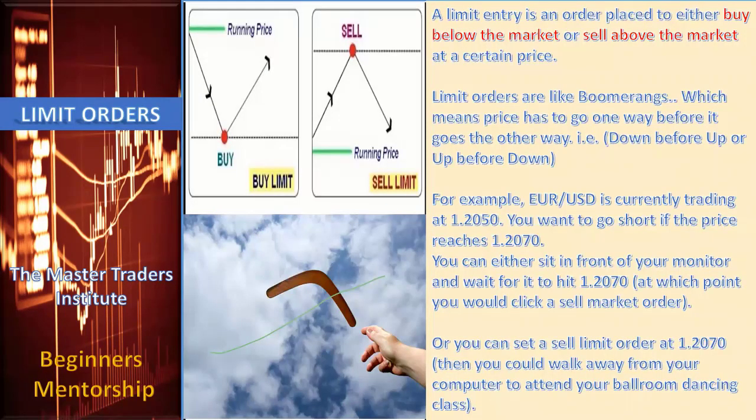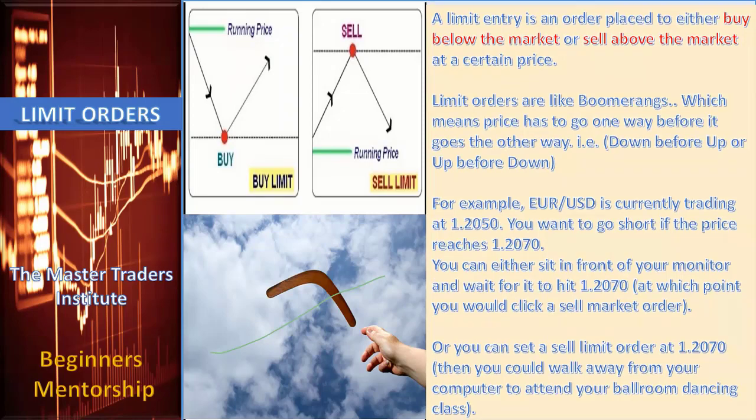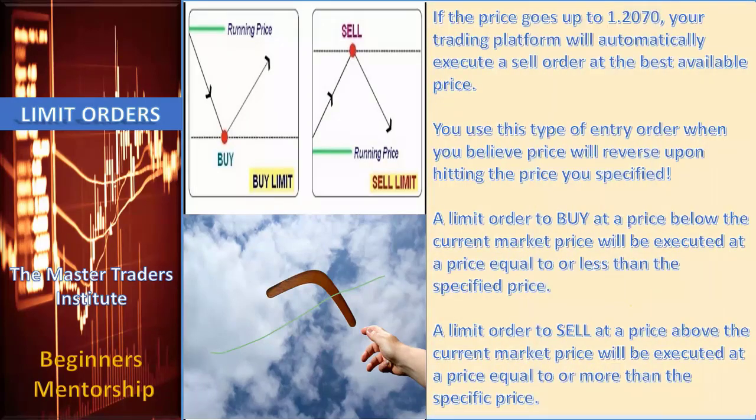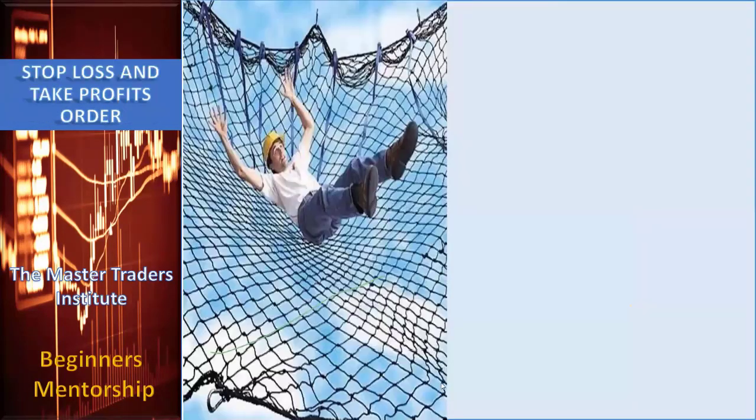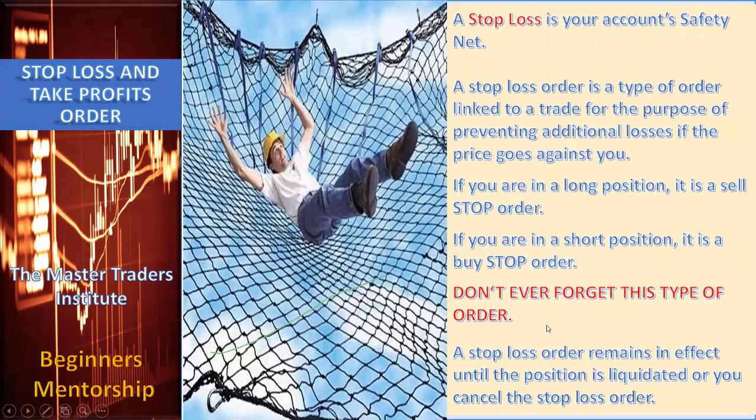We have 1.2070, so plus 30, that is going to give you 1.2100. So you have your stop loss set at 1.2100. Once the trade continues going up, it gets to 1.2080, 1.2090, 1.2095. The moment the trade gets to 1.2100, the market is going to take you out in whatever loss you have made.